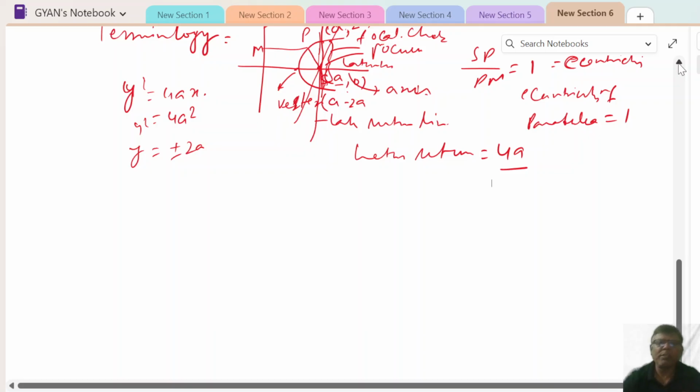So suppose some point is there on the parabola tangent. One more thing, that is the parametric equation.